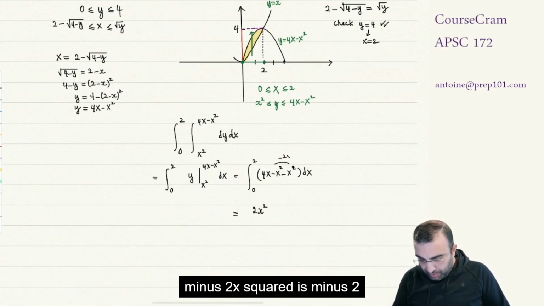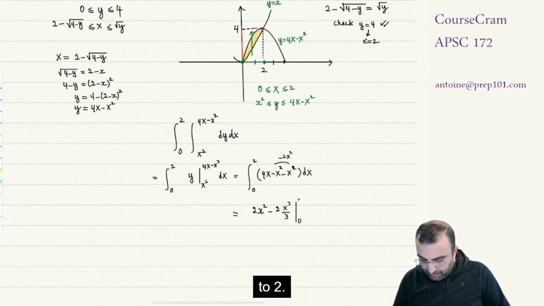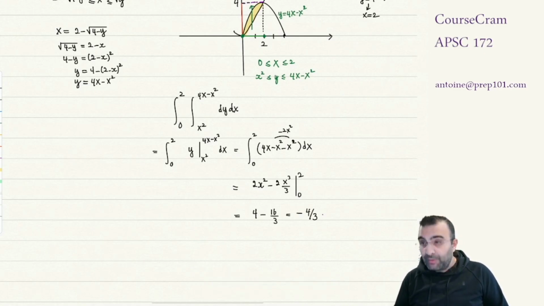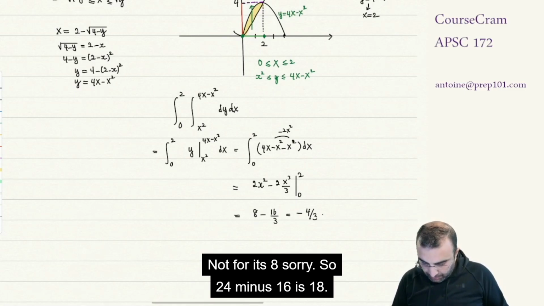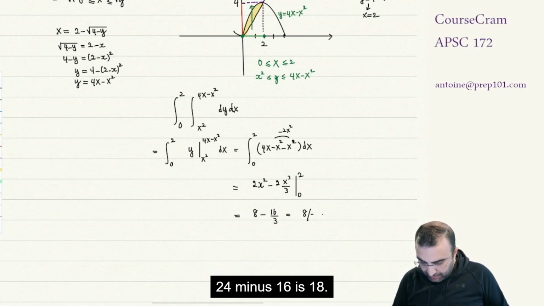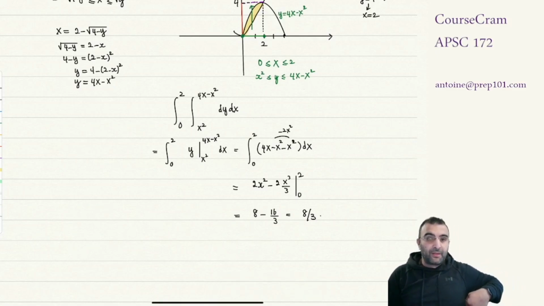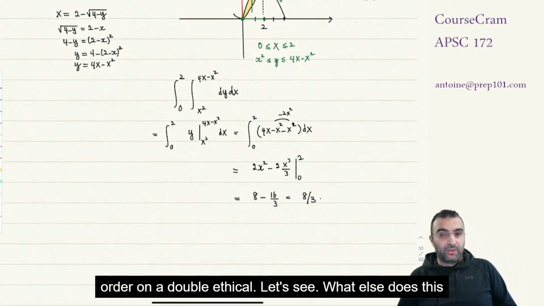The integral of minus 2x squared is minus 2x cubed over 3, from 0 to 2. So that's 8 minus 16 over 3, so 24 minus 16 is 8 over 3. Sorry, not 4, it's 8. And that's number 5, which is interchanging the order of a double integral.